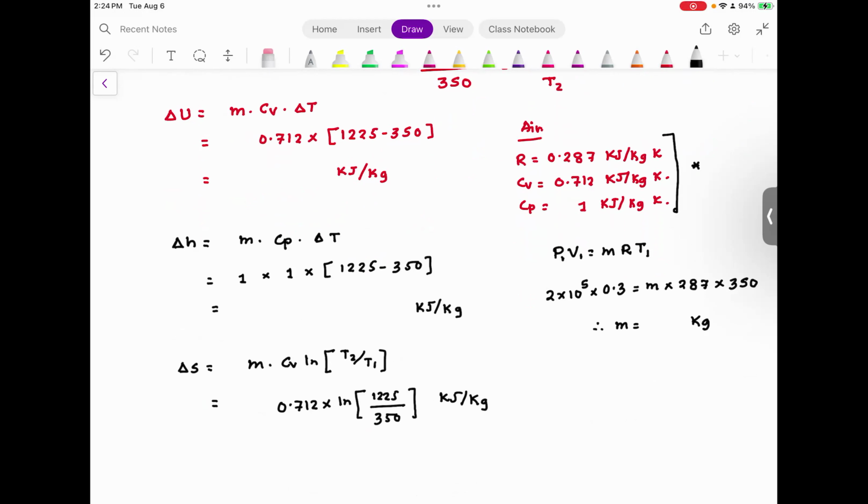Everyone understood this? We have discussed these equations in the last class. If you look at the slides and charts, we actually derived some of these equations.